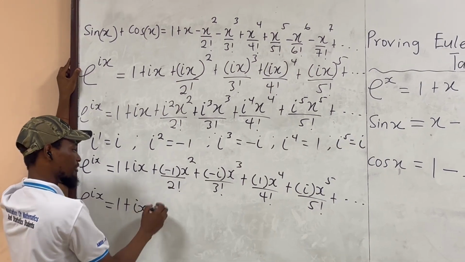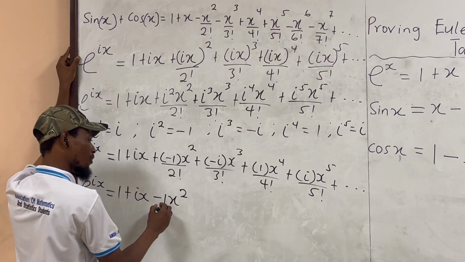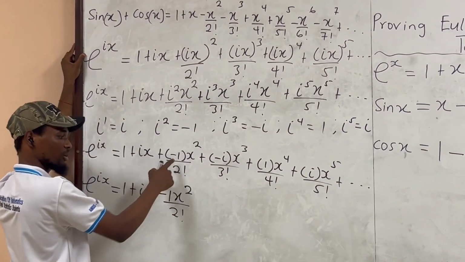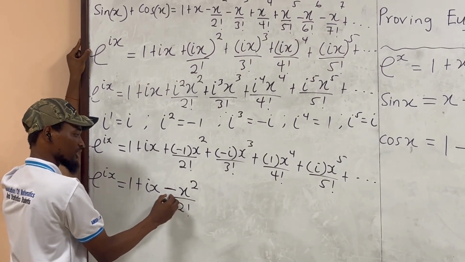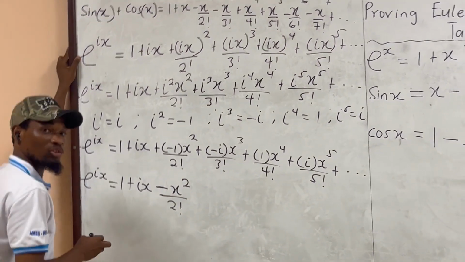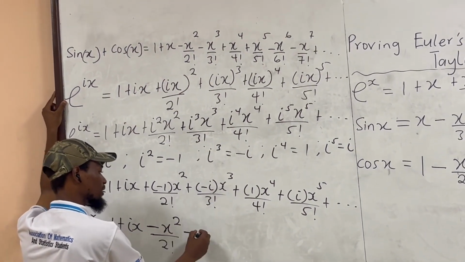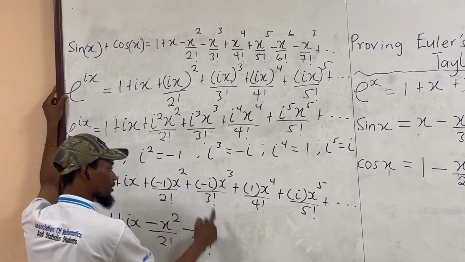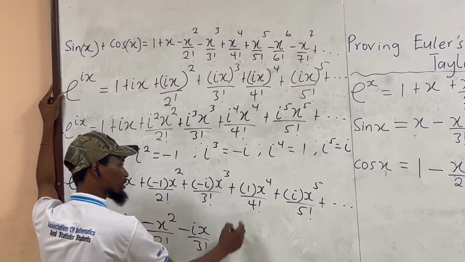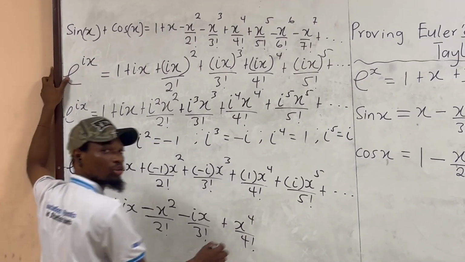Then I have negative 1 x squared over 2 factorial. Okay, so negative 1 is the same as negative x squared over 2 factorial. Then I have here negative ix cubed over 3 factorial. Here I have plus 1 times x, which is x to the power 4 over 4 factorial.